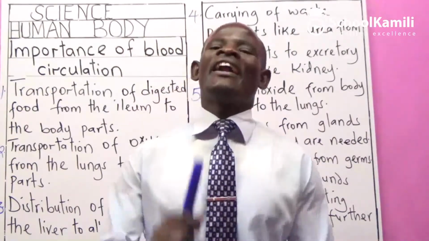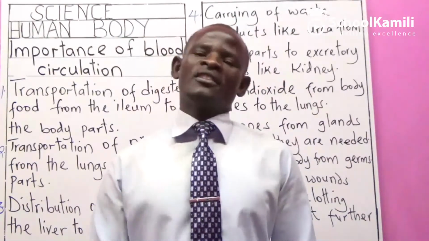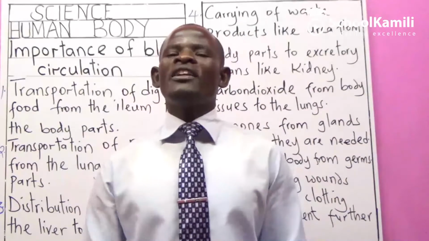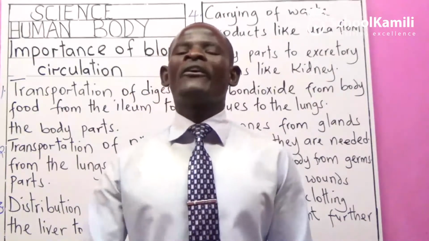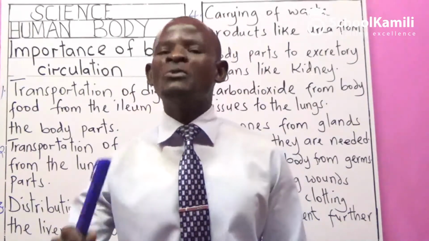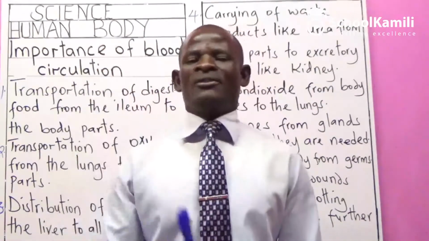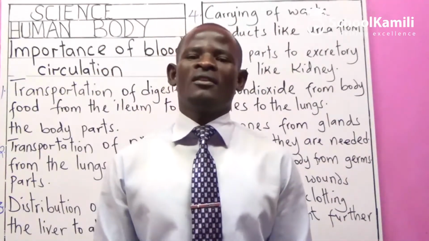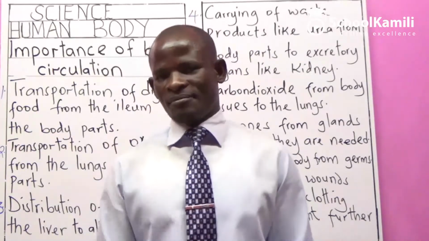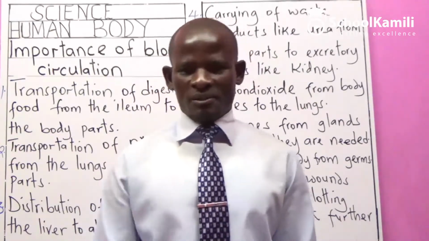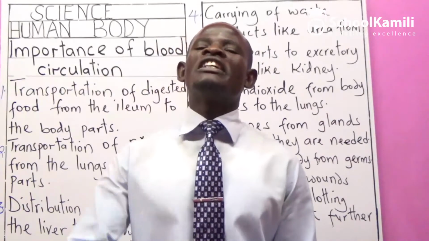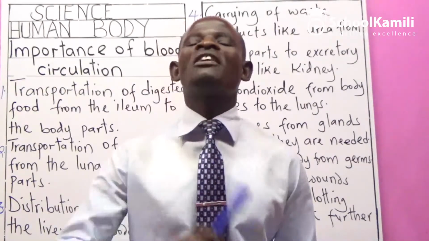Point number 3 is about digestion. If you eat energy-giving food, if you eat proteins, if you eat vitamins, we are going to get the corresponding nutrients. When the food groups are taken down through the digestive system, they are going to be broken down using different juices in different parts.